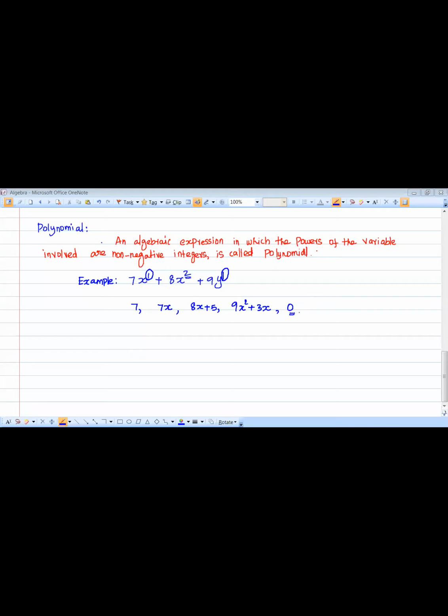Yes. 7 is an algebraic expression or not? You have to get a very, very clear idea about that. So think and say.